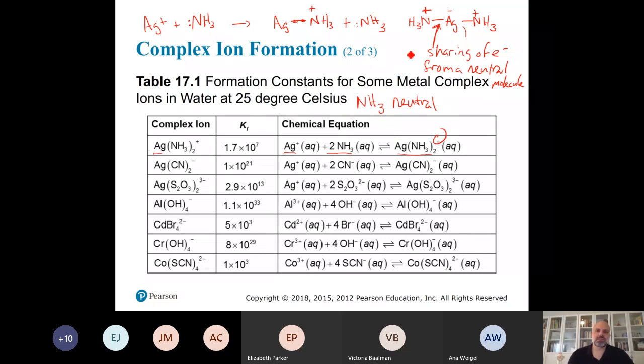Well, I guess it's not necessarily just that it's a neutral molecule. It's the fact that we have sharing of electrons. Let me step back a little bit, because it's not just the neutral molecules.